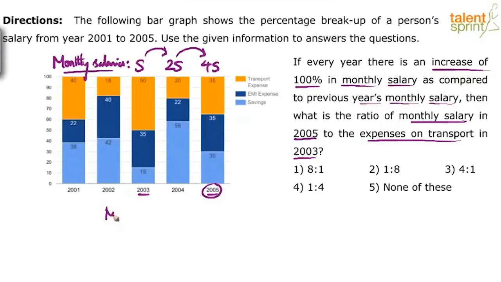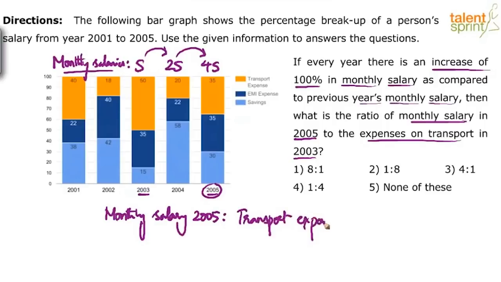So, let me just put it here for the sake of clear explanation. Monthly salary of 2005 is to transport expense of 2003. What's the monthly salary of 2005? See, monthly salary of 2005 is 4S. So 4S as it is to transport expense of 2003.